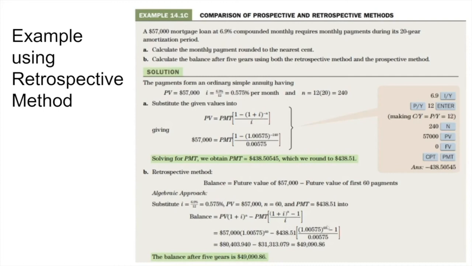We run the rest of the numbers in there, and we will get a total of $80,403.94 for this first part, and $31,313 for the second part. 80 minus the 31 comes to $49,090. So effectively what we're saying is that after 5 years, or 60 months, there will be $49,090.86 remaining on that loan. So that's effectively how that is done using the retrospective method.